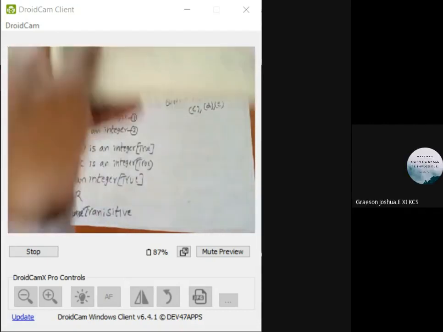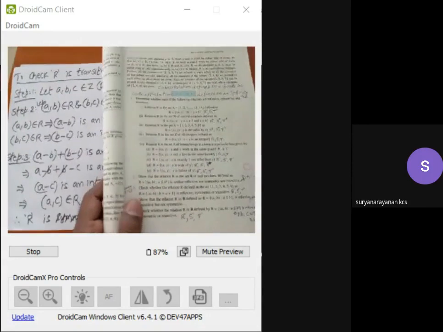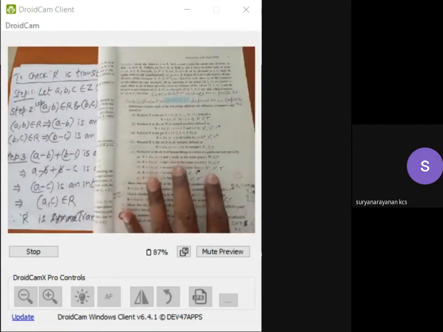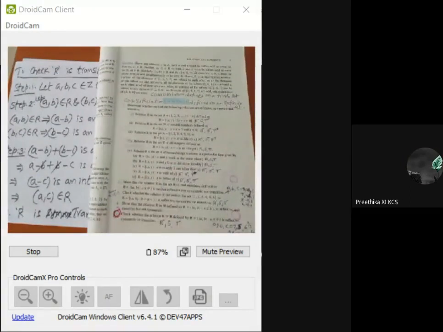False, sir. A and A work at the same place. True, sir. Yes, it is a true statement. Ram and the same person are both working at the same place, meaning the person is the same. The same person is working in the same place. So it is a true statement.